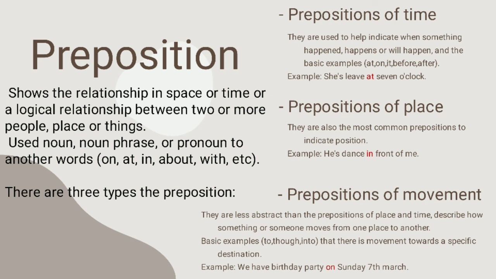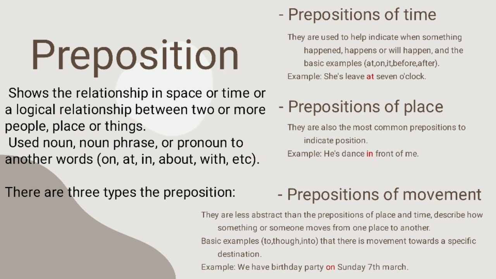An example, she leaves at 7 o'clock. And number 2, preposition of place. They are also the most common prepositions to indicate position. An example, he stands in front of me. And the number 3, prepositions of movement.